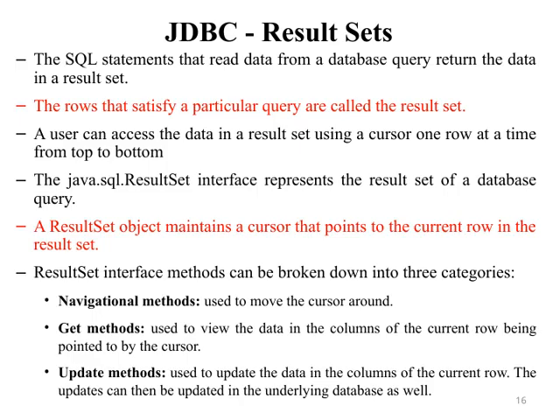The methods available in the ResultSet interface can be grouped into three main categories. First, navigational methods, which help you move the cursor around, like moving to the next row or jumping to a specific position. Second, get methods, which allow you to view the data in the columns of the current row the cursor is pointing to. And third, update methods, which let you change the data in that current row.